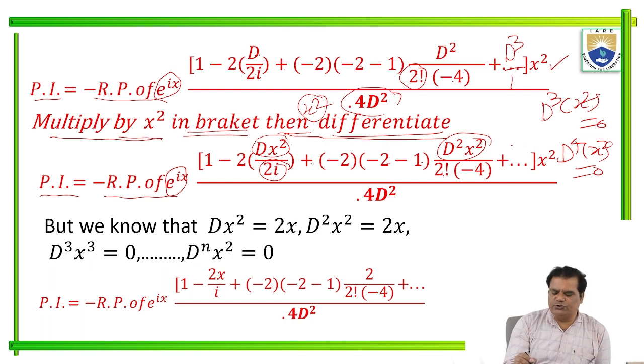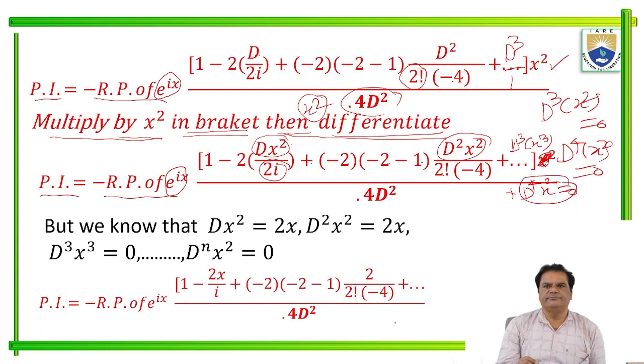Then d cube x square is 0, plus d4 x square is 0. So these terms are 0 here, and only these three terms remain.